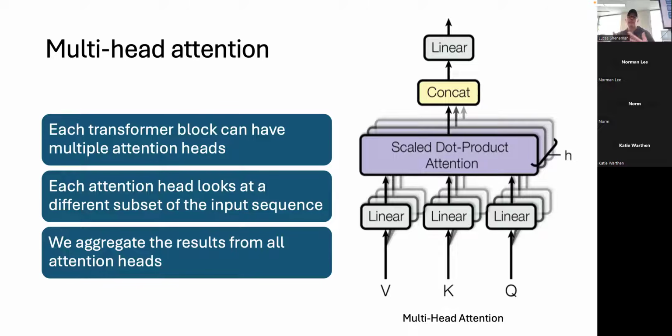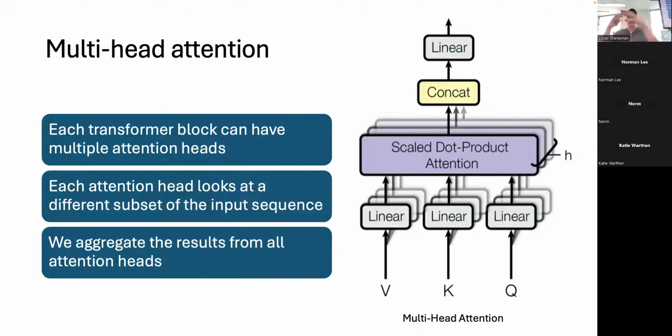And again, you can have multiple heads. Each transformer block can have multiple attention heads, and each attention head can look at a different subset of the input embedding, actually, I should have said. So it's splitting up the work across multiple attention heads. They're all looking at different parts of the semantic interpretation of a given token.